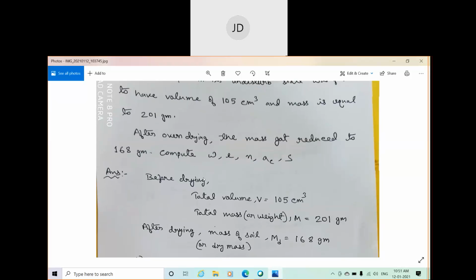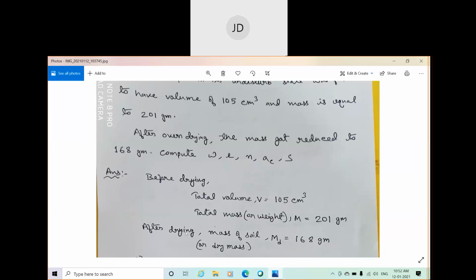Before drying, that means in natural condition or in undisturbed state, the total volume, capital V, is given as 105 centimeter cube, and the total mass, or total weight, whatever you say, is given as 201 gram. After oven drying, the mass of the soil is given as 168 gram. This 168 gram can be represented by MD or WD, that is the dry mass of solid.